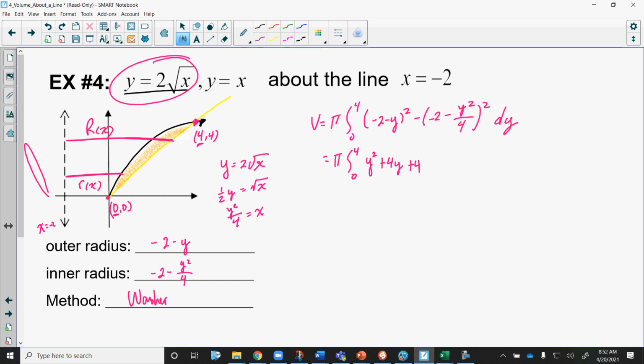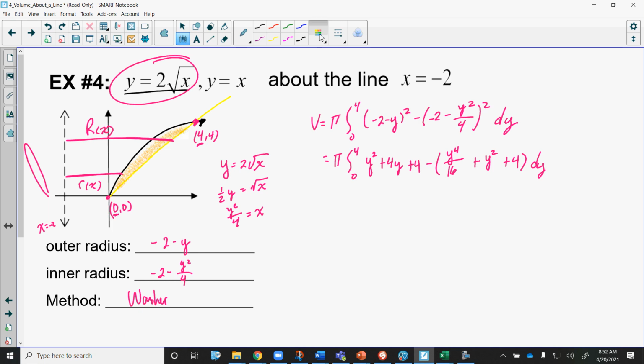And if I expand the other one, I'm going to get y to the 4th over 16 plus a y squared, and then plus a 4, dy.